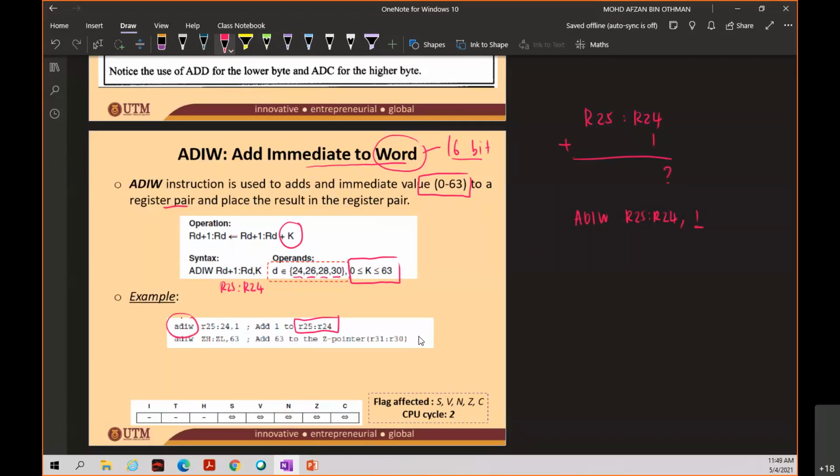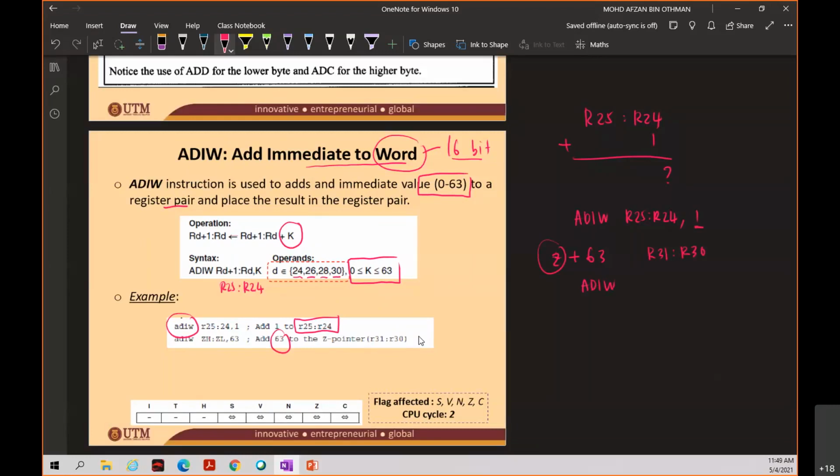Next, you're going to add 63, a decimal number, to the Z pointer register. How to do that? Just write ADIW. The Z pointer register is actually a combination of R31 and R30.